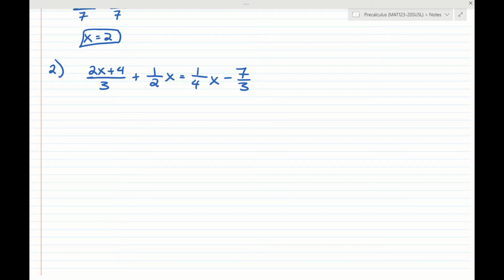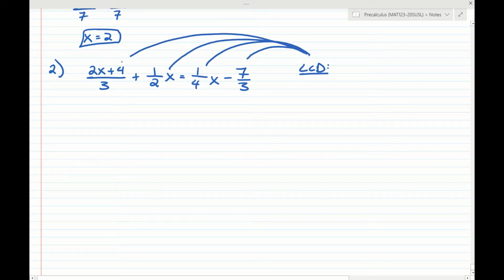One thing that my students usually prefer to do is figure out what the least common denominator is, and then multiply that least common denominator times all of the fractions. What that'll wind up doing is eliminating all of the fractions, and most people prefer just to get rid of fractions and work with integers.